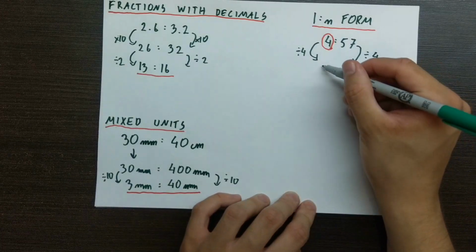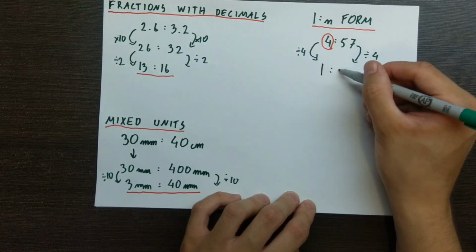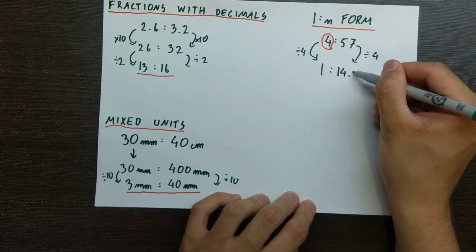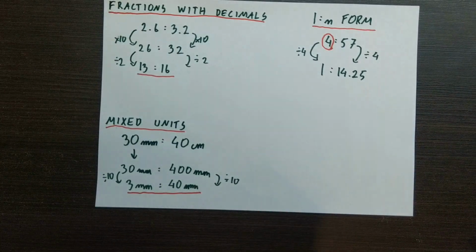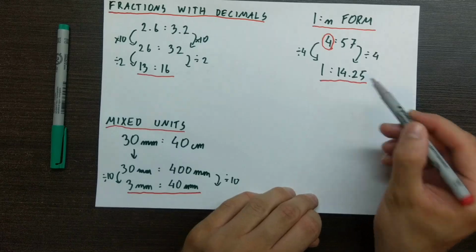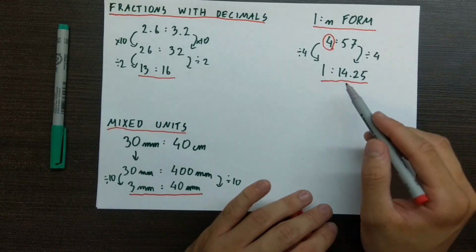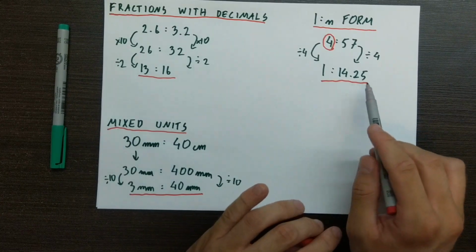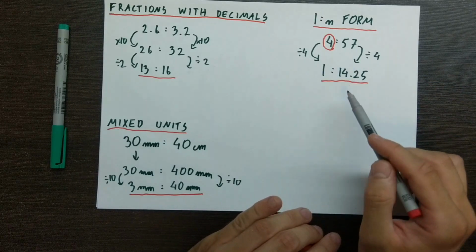If you put that in a calculator, what you should get is 1 to 14.25. And that's our 1 to n form ratio. In this one case, we don't care that we have a decimal place, because we are being forced to put this in 1 to n form.